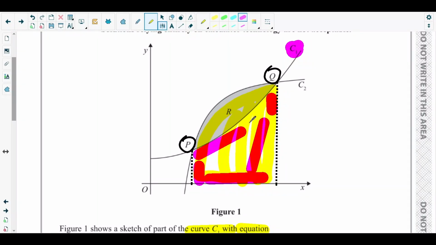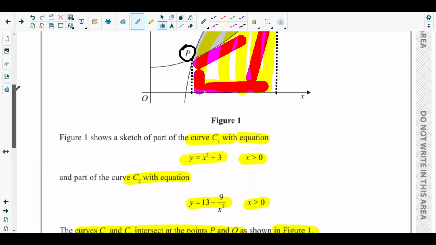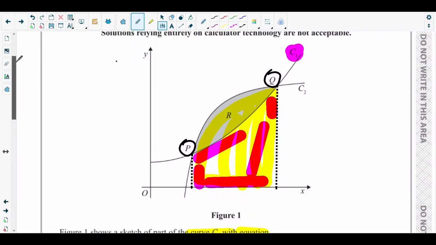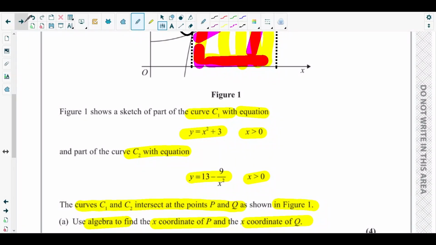Okay, fine. So let's see what we can do now. We have to do integration. For the area of region R, we know the equation of curve C2 is 13 minus 9 over x squared.